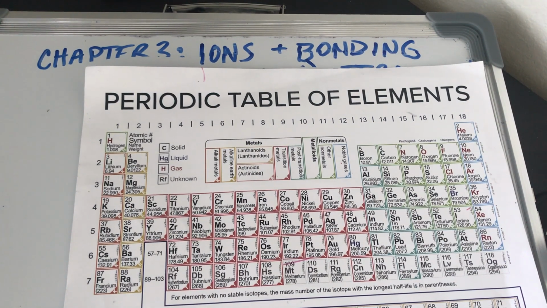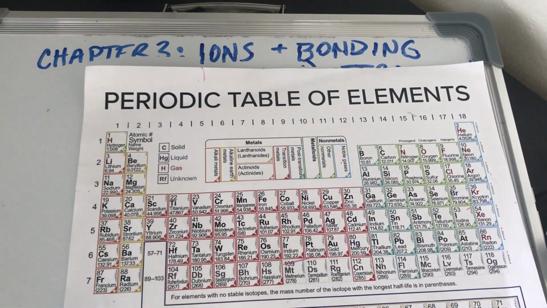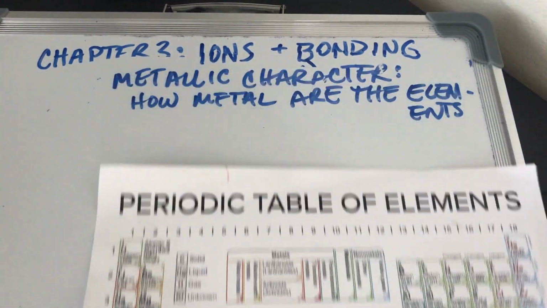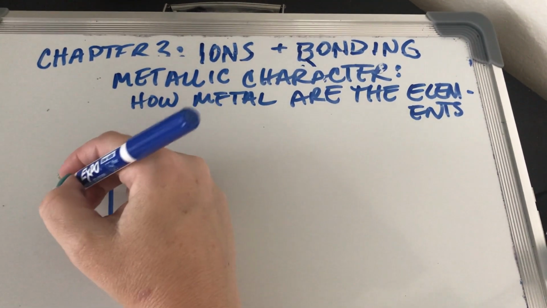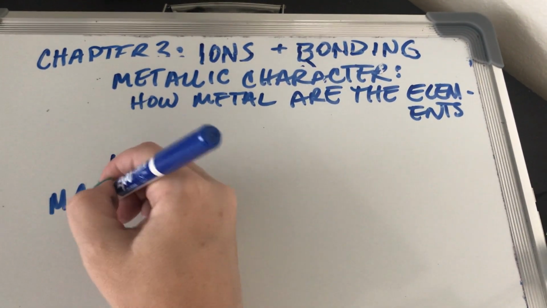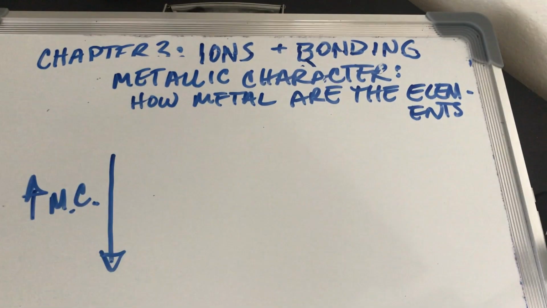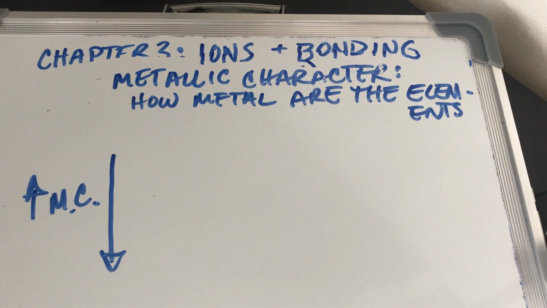So if being able to lose an electron is what makes you metal, then being really good at losing electrons would make you more metal, right? Does that make sense? So as the ionization energy decreases, the metallic characteristic increases, right?